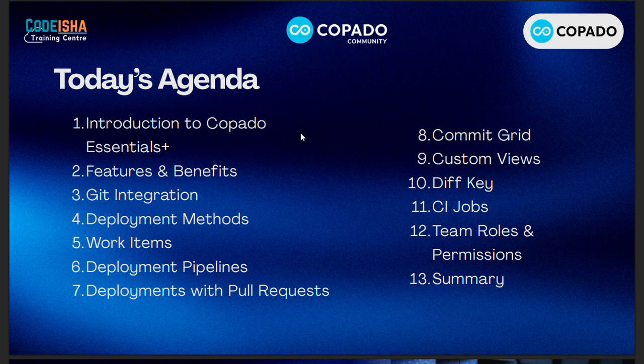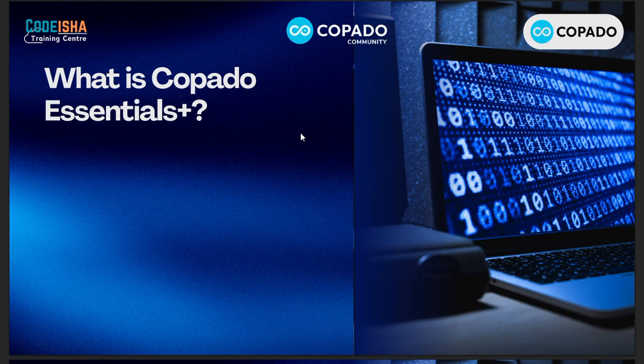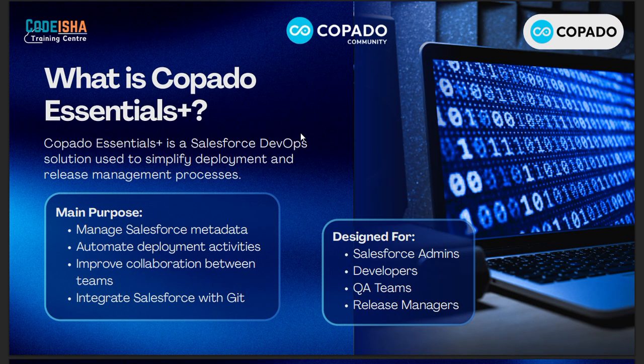What is Copado Essentials? Copado Essentials is a Salesforce DevOps solution used to simplify the deployment and release management process. Mainly, we use Copado to manage Salesforce metadata, automate deployment activities, and improve collaboration between teams. It also integrates Salesforce with Git.